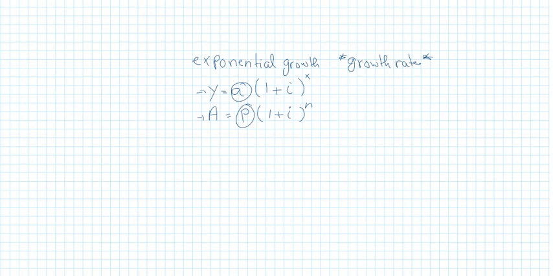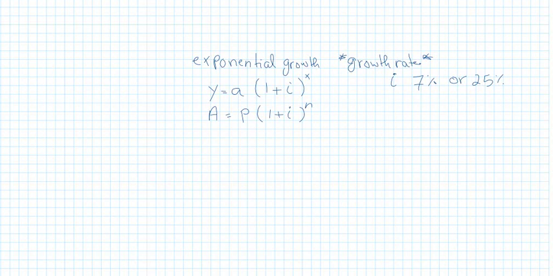Now, with respect to the rate, what makes it growth is because you're adding 1, so it's 1 plus i. So i is your growth rate. i is, let's say, 7%, or 25%, or it could be anything. So i is a percentage. When I put it into my equation, I have to put it as a decimal.